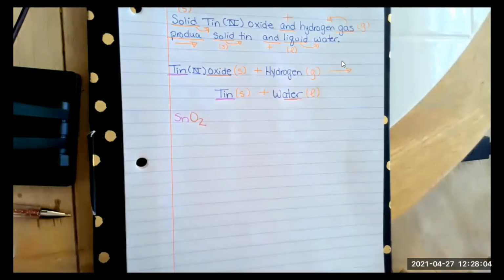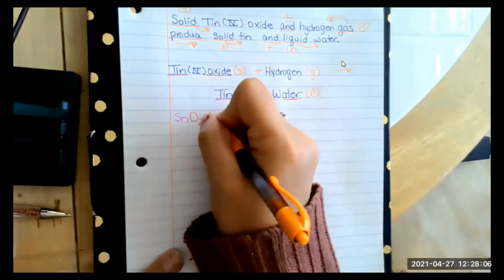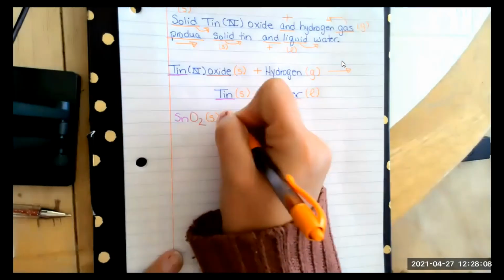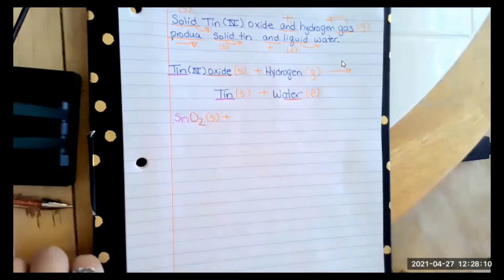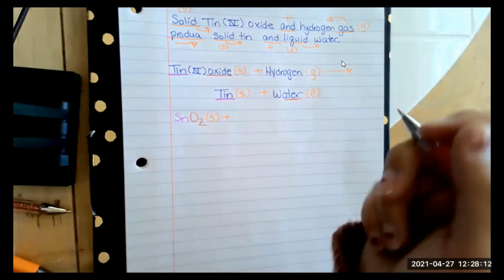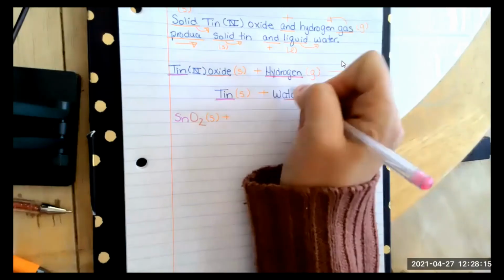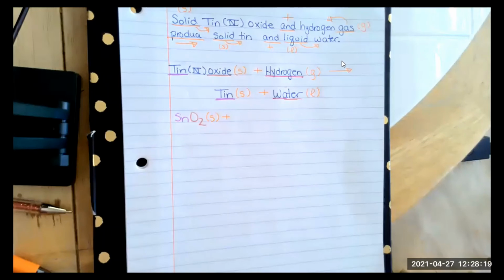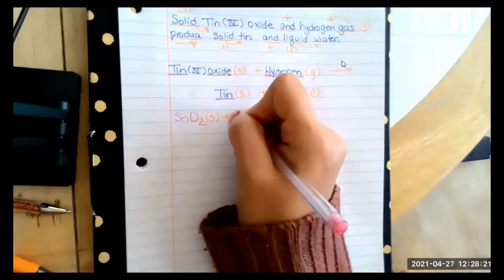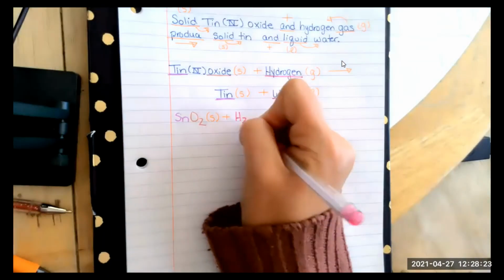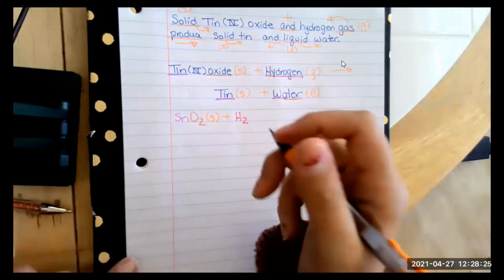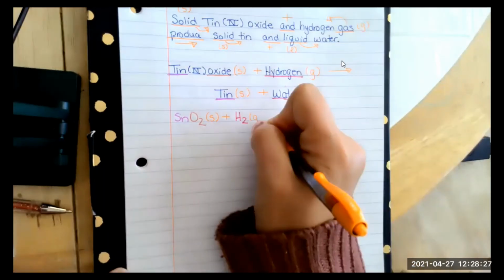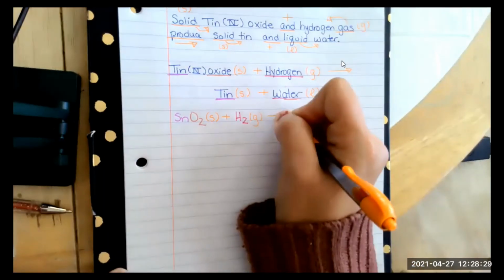Don't forget your states of matter, plus hydrogen gas. I'm going to use this kind of pretty pink color for hydrogen. Remember, hydrogen gas is a diatomic, so I write it as H2 and then G. Then I'm going to arrow over. Then I have tin solid.